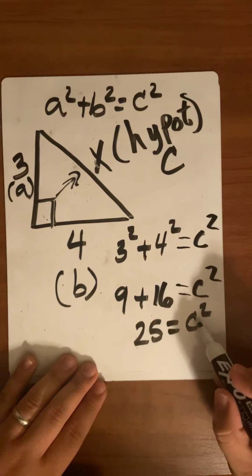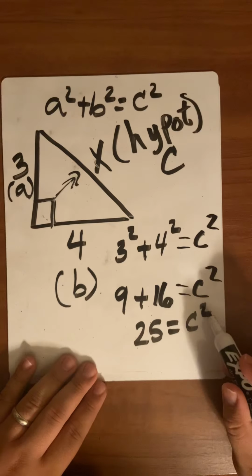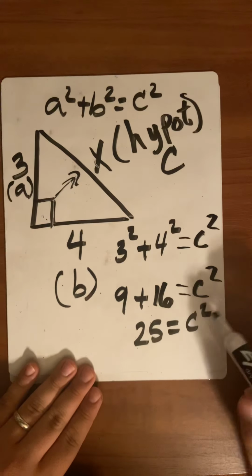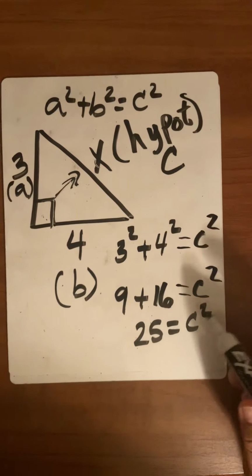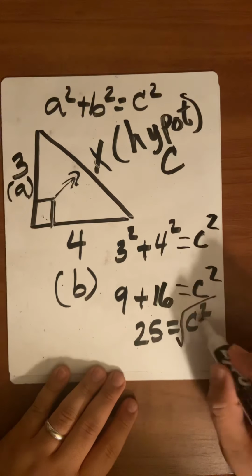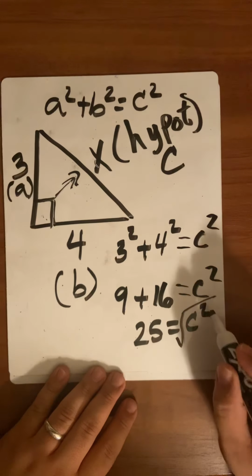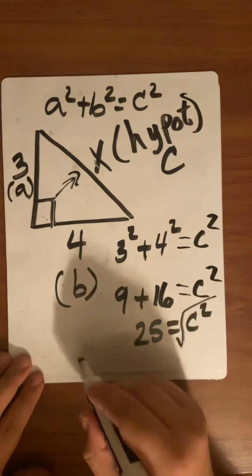So now, how can I get rid of an exponent? I can't divide and I can't subtract or anything like that. What do you have to do when you get to this point? We have to find the square root. That eliminates this exponent, it cancels it out. Once you do that, you're left with just c. I'm going to go ahead and write it right here.